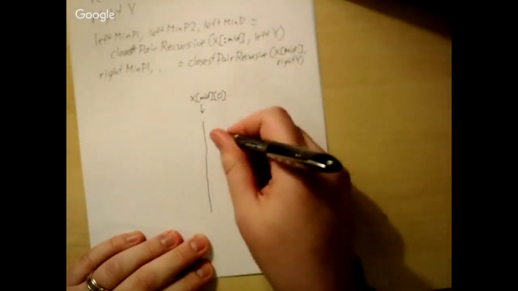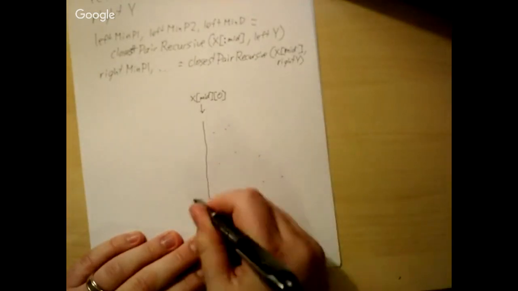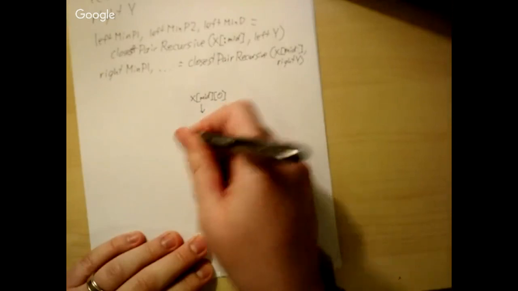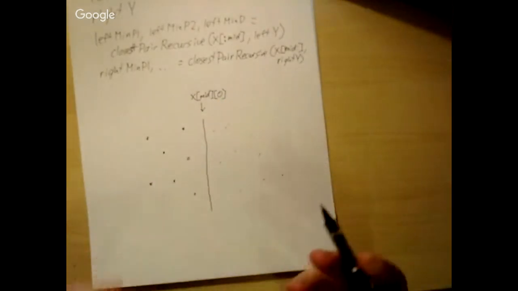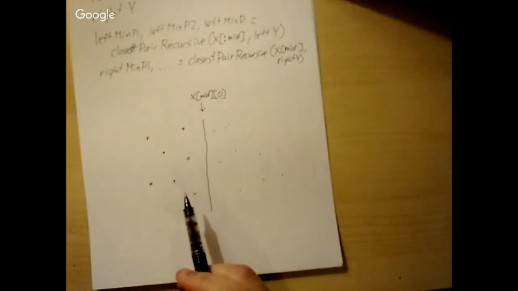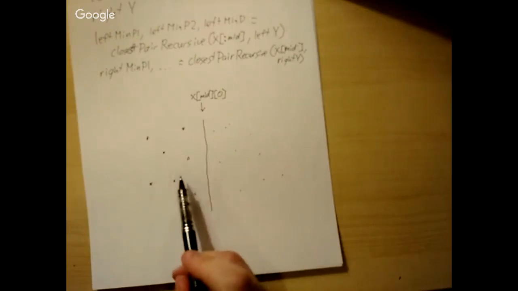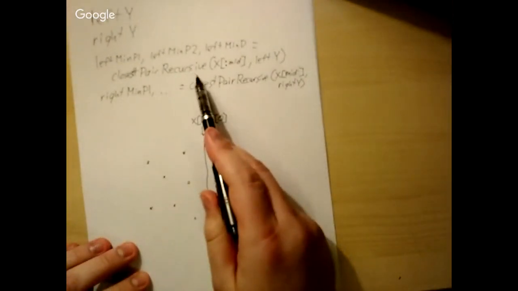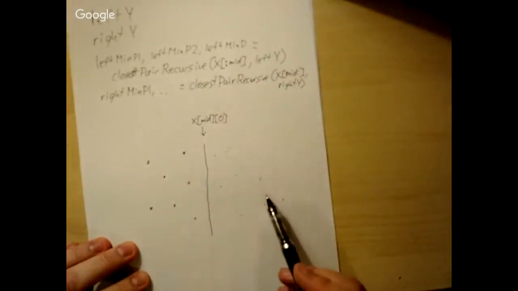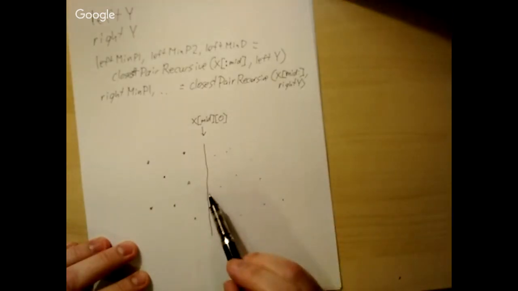So now we have points on the right and points on the left, somewhere around here. So we have three cases. Either the closest pair of points in the whole array is to the left, in which case it will be returned by this recursive call, or the closest pair of points is on the right, in which case it will be returned by this call, or the closest pair of points crosses this barrier somehow.